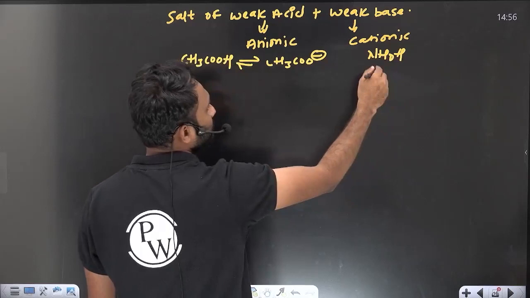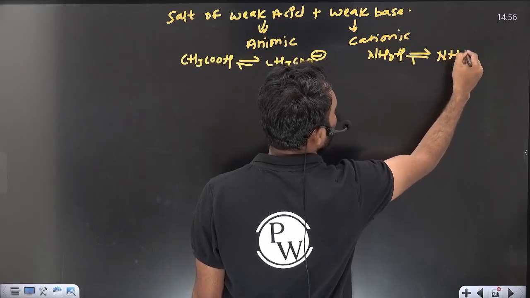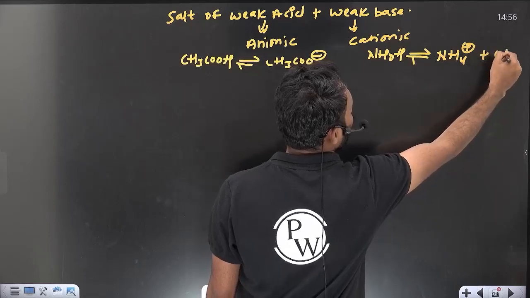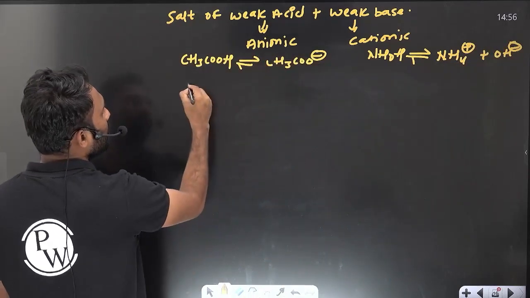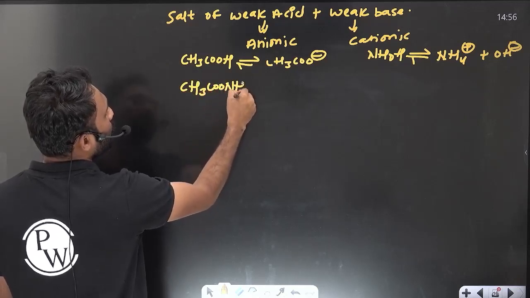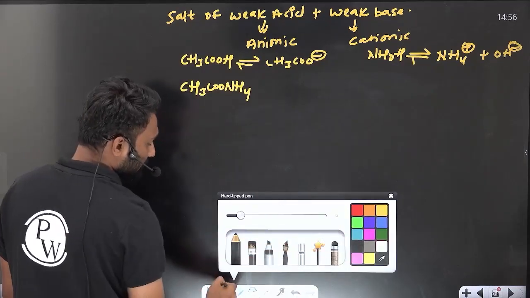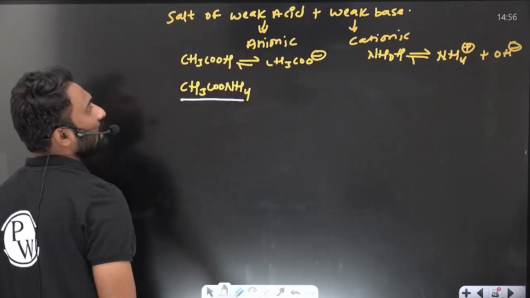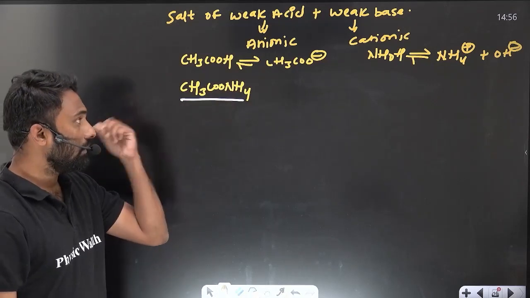Ammonium hydroxide is a weak base. What is its cationic part? The ammonium ion is the cationic part. Now these two mix to give CH3COONH4. Ammonium acetate is the salt of weak acid plus weak base.